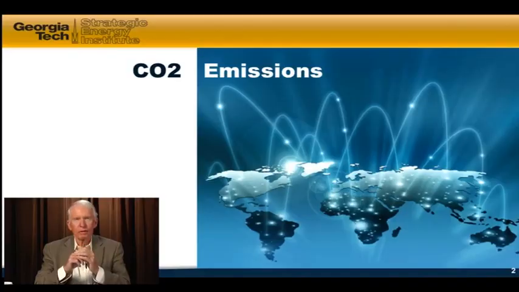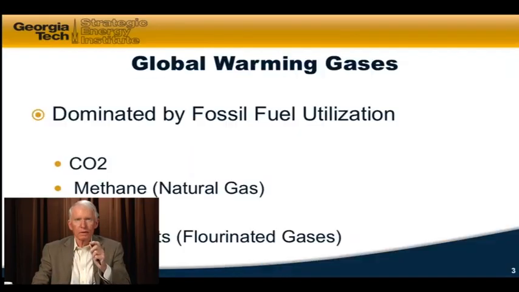But the topic that really almost dominates at this point everything else is climate change issues, which, as I've said, is essentially totally linked to energy and fossil fuels. So let's take a look quickly at that.